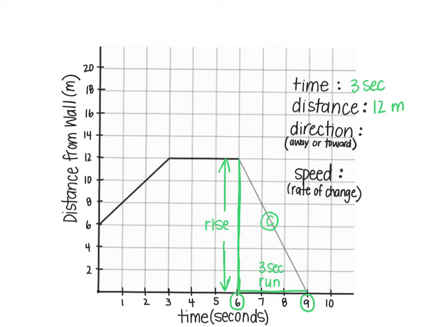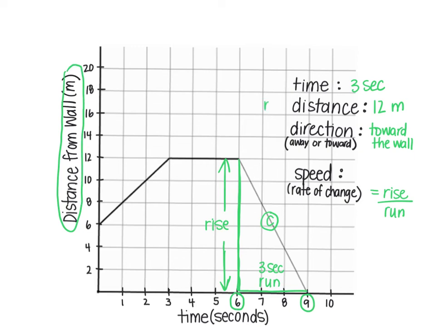So his direction in this case is going toward the wall. His speed can again be calculated by looking at the rise over the run. Once again, on this graph, distance is the dependent value, so it's going to correspond with the rise, and time is corresponding with the run.